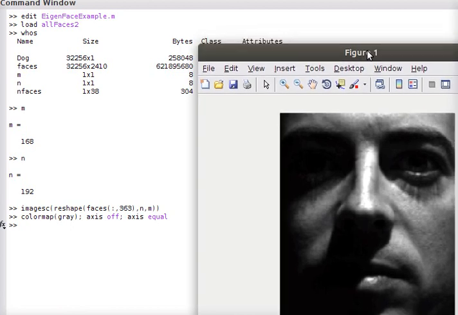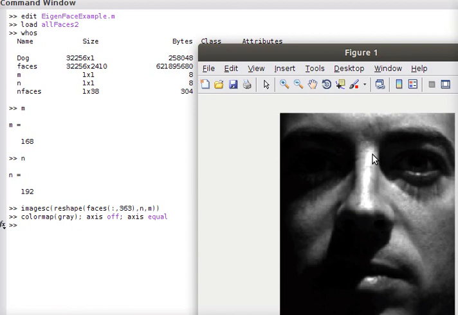By the way, the faces are of different people. I think there's 38 people, and each person actually has multiple poses. The first person I think has 64 poses. So the first 62 columns of this data set correspond to one person, and then the next person has 62 poses.